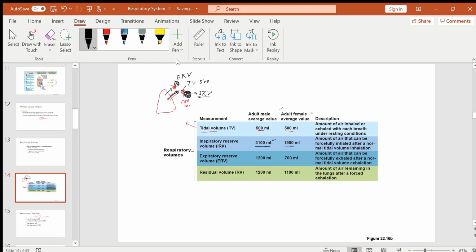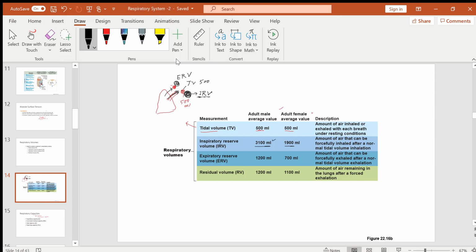Now when do you use inspiratory reserve volume? If I ask you to go underwater and try to stay there as long as you can, then what you will do, you will take as much air as you can inside the lung. So that is one condition when we use that reserve volume, inspiratory reserve volume.